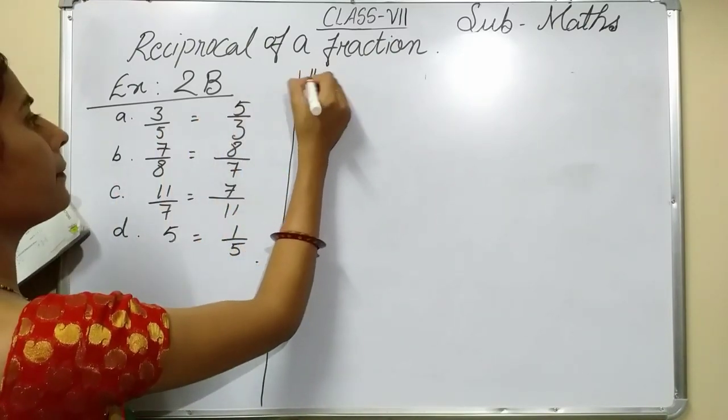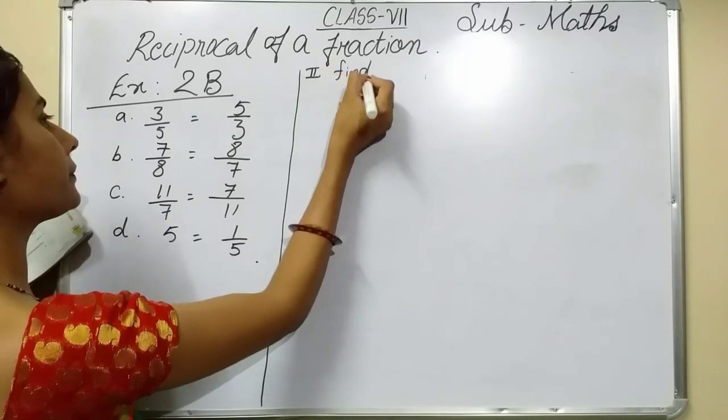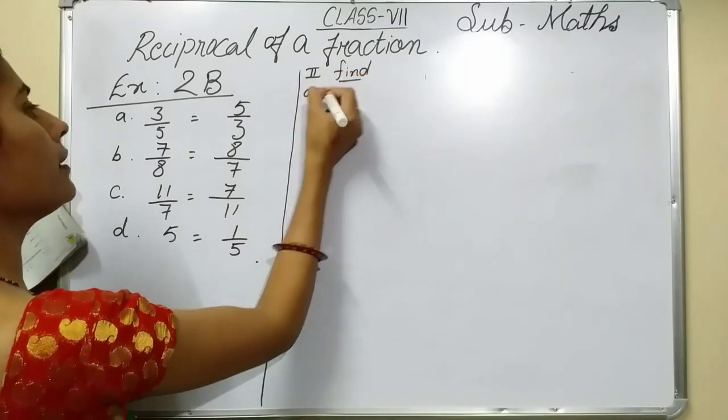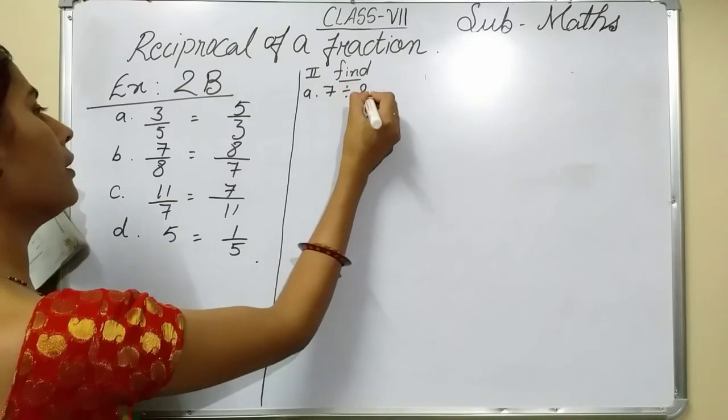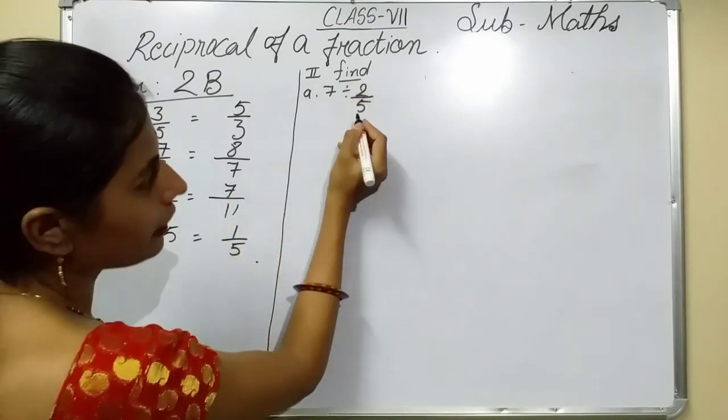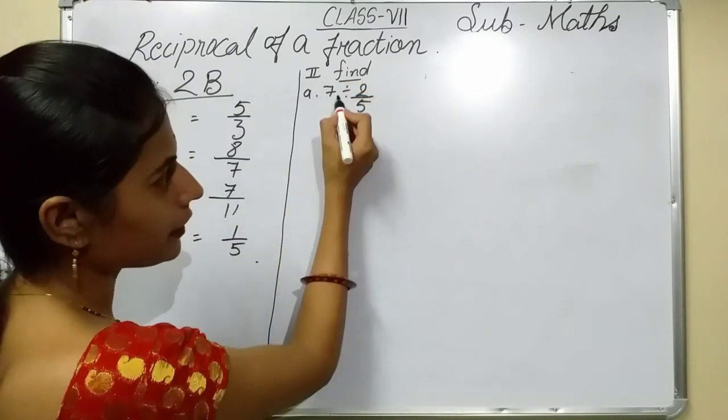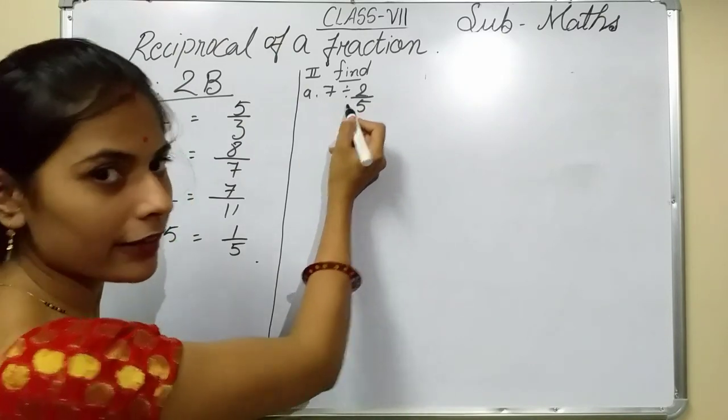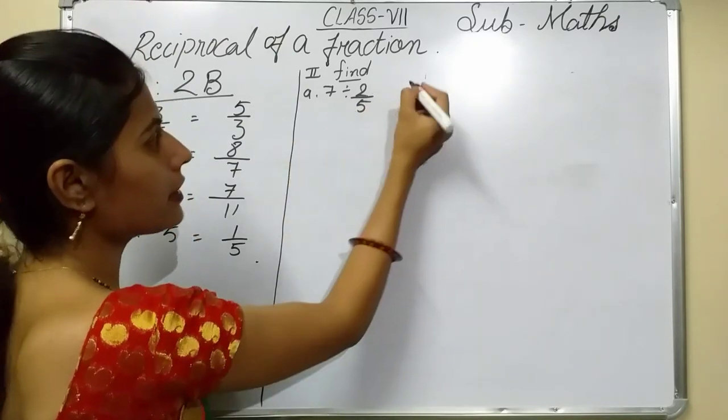Second question. A. 7 divided by 2 by 5. Here I have explained in the example that you have to change divide into multiply and interchange the digits.